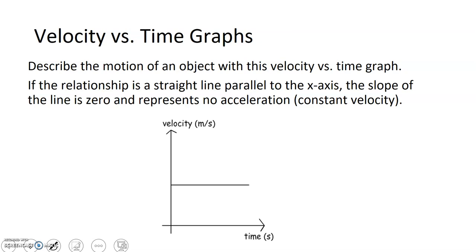In this example of the velocity versus time graph, the object is moving at a constant velocity. Let's say right here is 5 meters per second. At every point in time, the object has a velocity of 5 meters per second. So a horizontal line on a velocity versus time graph shows a constant velocity, which is an object with a constant speed in a straight line.